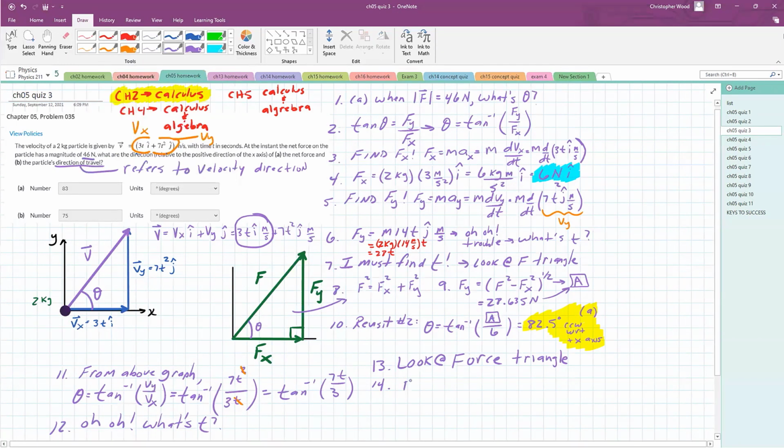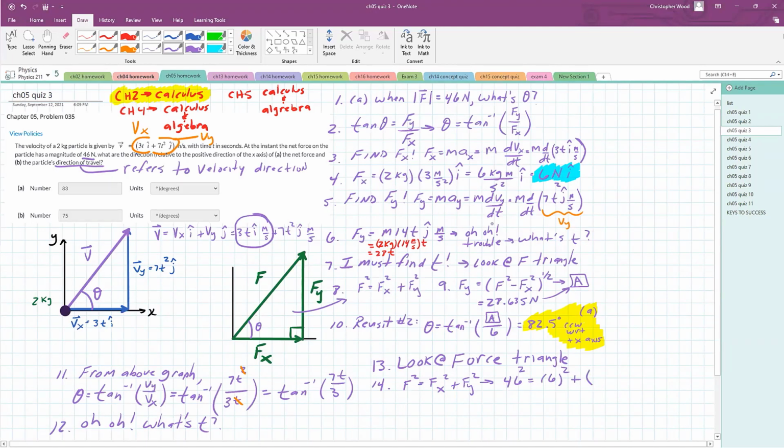Pythagorean theorem: f squared equals fx squared plus Fy squared. And this is where I'm just going to stick with numbers. The magnitude of the force is 46 newtons. So this is 46 squared equals Fx squared. Fx was 6 newtons, so I'm going to square Fx. And Fy, did I write that down somewhere?